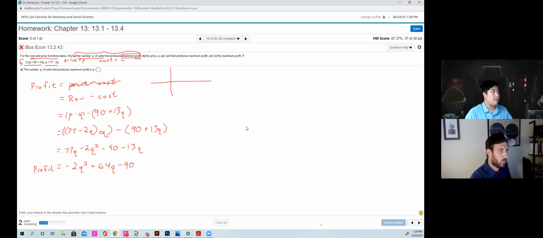So we've been taking the two functions that they've given us and trying to apply them to find an equation for the profit. To find the profit, you would need to find the total revenue and then subtract the cost from it.